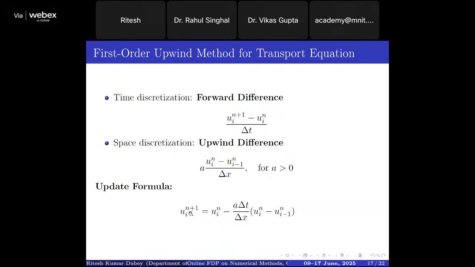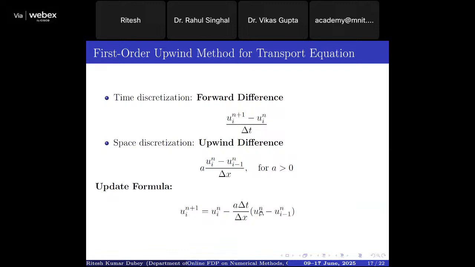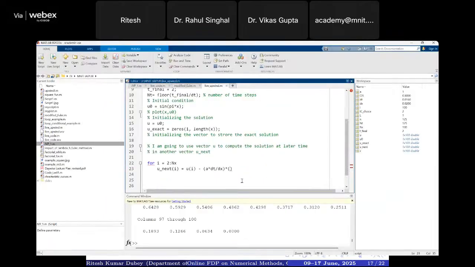So u i at the next time is equal to u i at the old time minus a delta t by delta x, times u i at the old time level minus u i minus 1 at the old time level. Sorry, the old time level we are denoting by u i and u i minus 1.